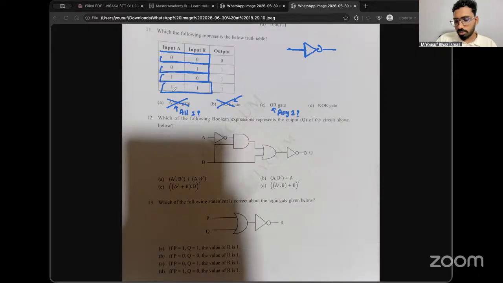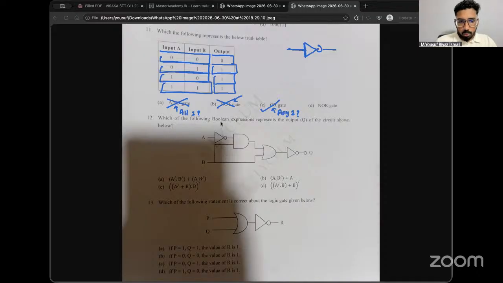Rows 2, 3, 4. So only in rows 2, 3, 4 are we getting one, and in the other row we're getting zero. Is that how it's working? Yes. So the answer is the OR gate. Is that clear? Perfect.